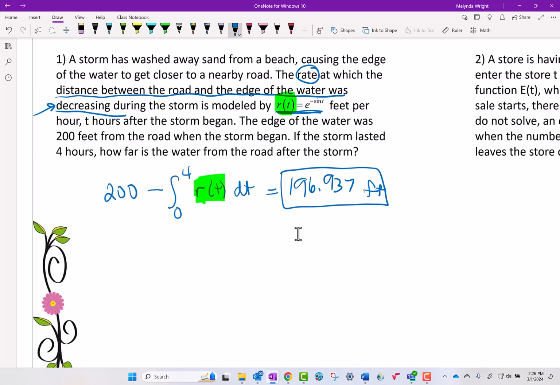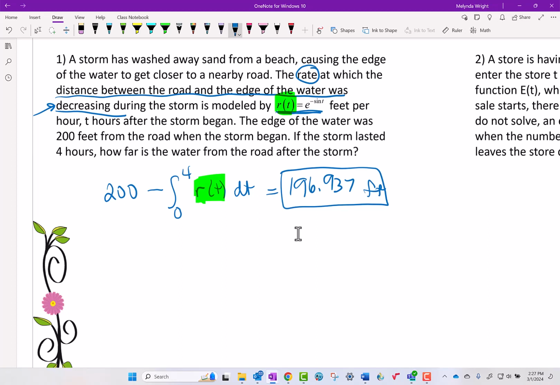Now, let's pretend that we missed the fact that it was decreasing. If I put a plus there, I would get 203 something. What would tell me something is wrong? We need to be aware of what we're doing, right? It's over 200. If you accidentally put a plus and you get a number that's bigger than 200, you should say, oh, wait a minute, that's really what's supposed to be decreasing.